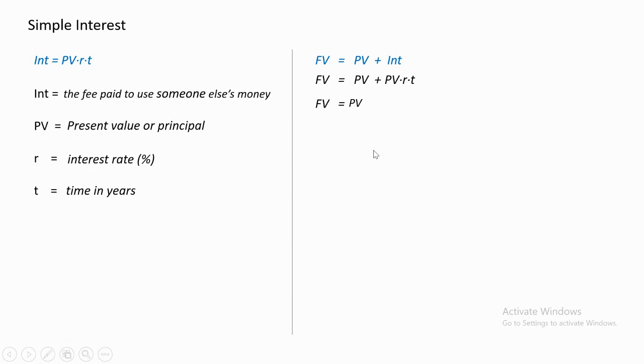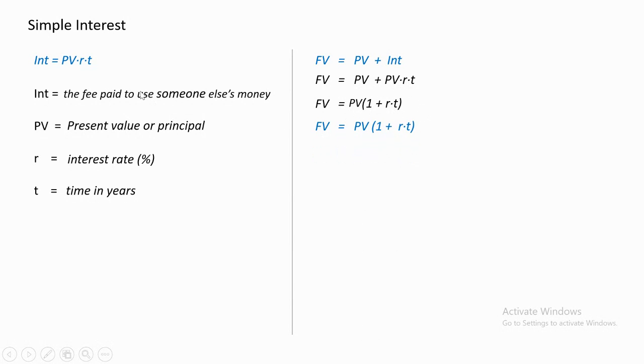If you factor it out, what's left? 1 plus R times T. And this can be checked with the distributive property: the present value times 1 gives you the present value, and the present value times R times T gives you PV R times T.